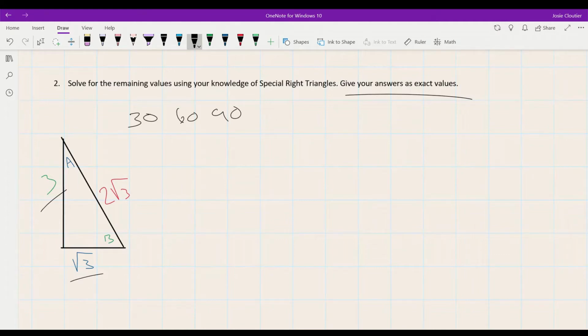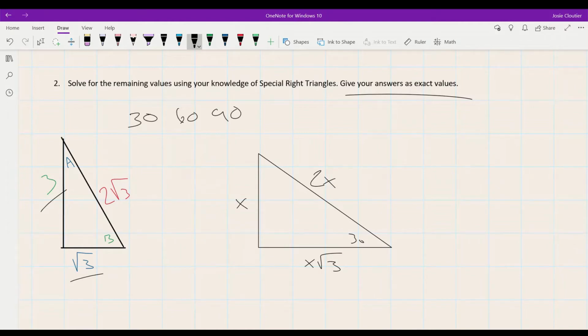Right, so now all we have to do is figure out which angle is 30 and which angle is 60. So if we draw our right triangle, we know that the side adjacent to 30 degrees is equal to x times the square root of 3. We know that the hypotenuse is equal to 2 times x, and we know that the side opposite of 30 degrees is equal to x, right?